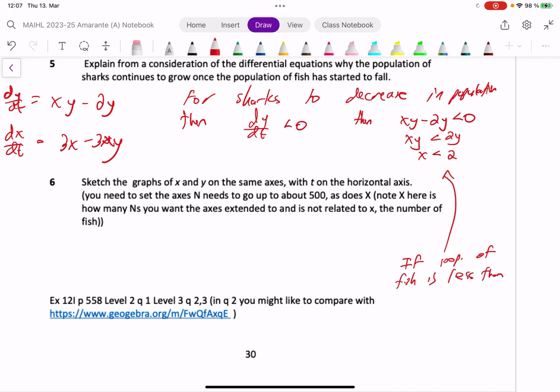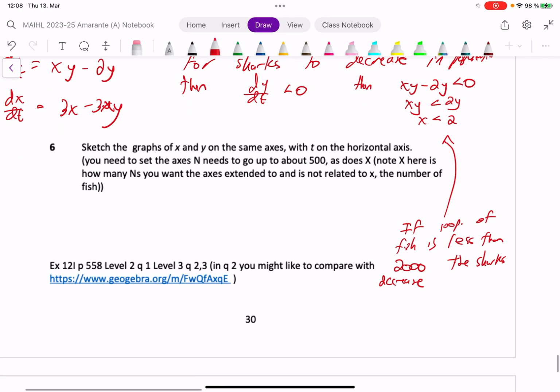And so we can talk about it in here: if the population of fish is less than, remember that's 2,000, the sharks decrease, right? If the population of fish is greater than 2,000, sharks will increase.